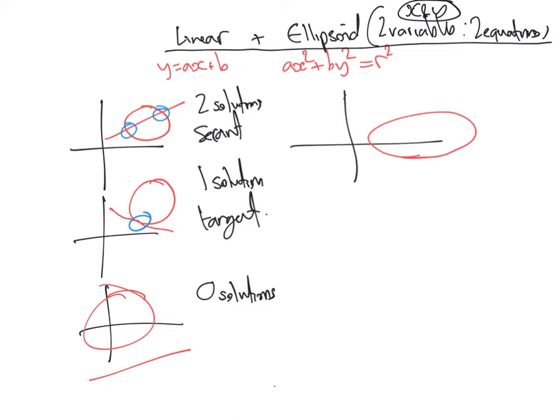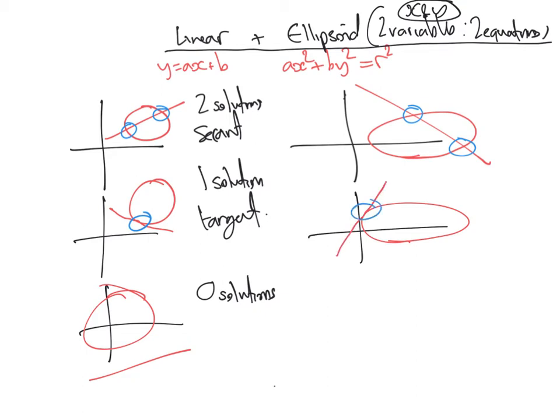But again, there's only 3 ways we can see a line working with this ellipse. It's either going to cut straight through it as a secant for our 2 solutions, or it's going to touch it at just 1 point, which is our tangent, isn't it? So it could be going there, there's our tangent, or it could miss it completely.